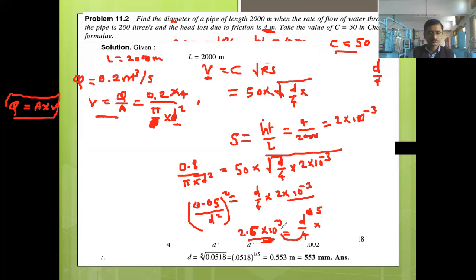Do that simplification. 10 to the power -3 गुणिले 4 भागिले 2 into 10 to the power -3 ब्रॅकेट complete is equal to 5.18 raised to 1/5. It will come d is equal to 1.389. Do the simplification and tell your answers, what answer you are getting.